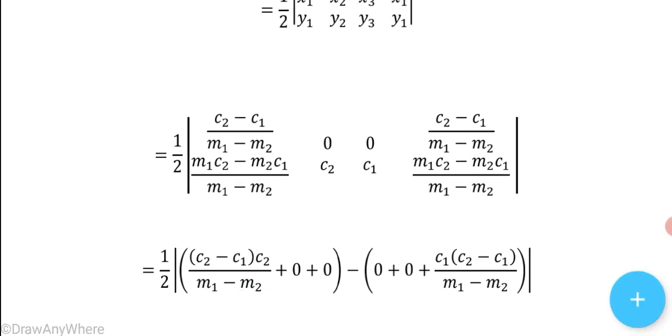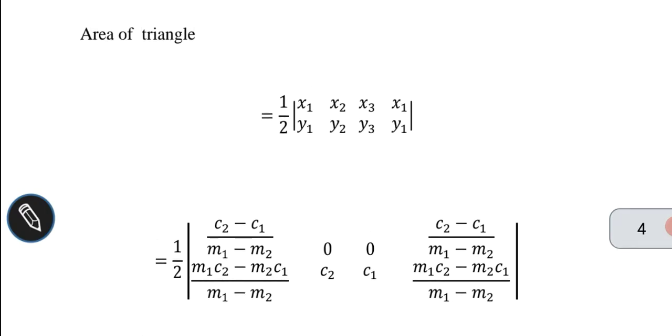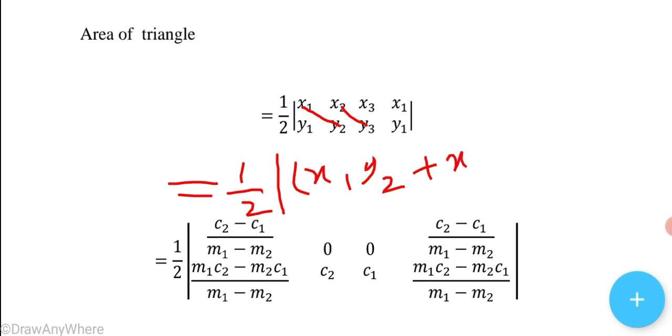The usual procedure is half into modulus of x1 y2 plus x2 y3 plus x3 y1.